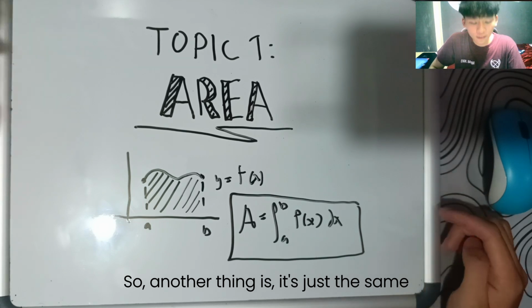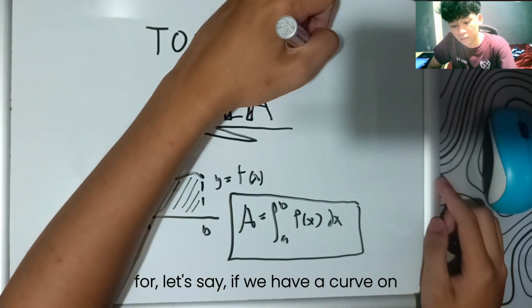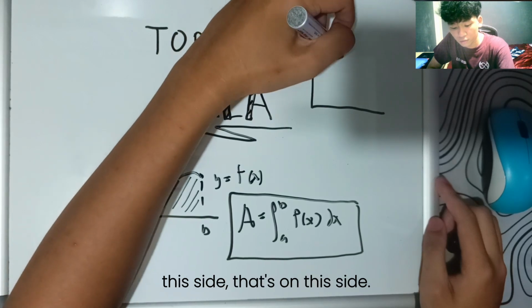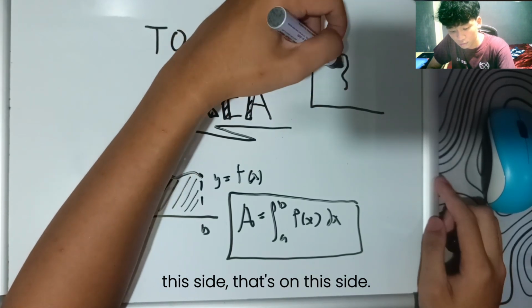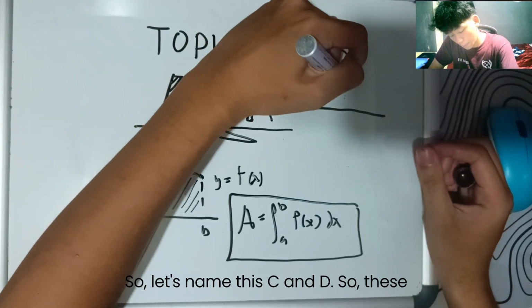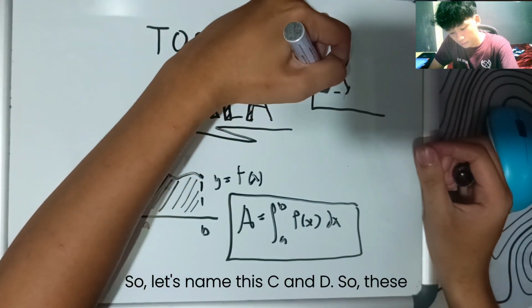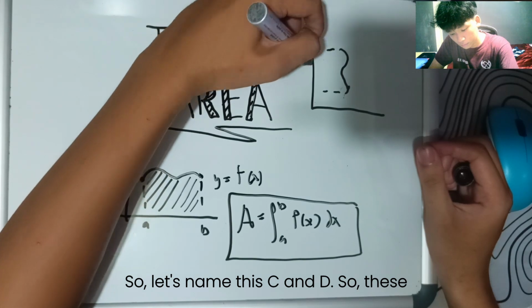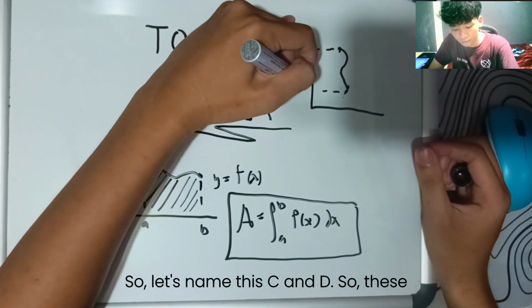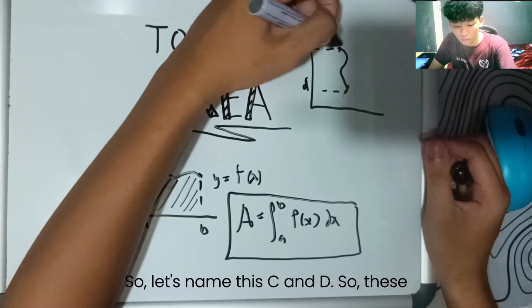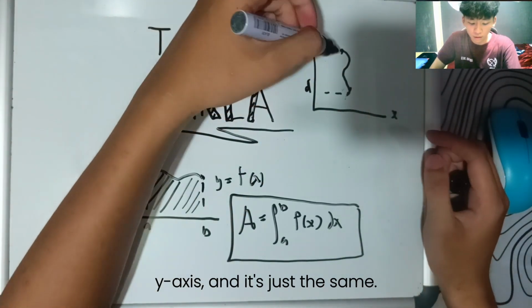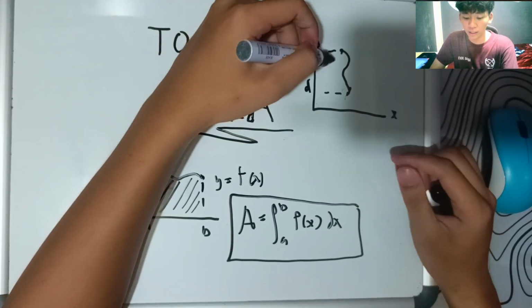So another thing is, it's just the same if we have a curve on this side. Let's name this c and d, so these two points on the y-axis, and it's just the same.